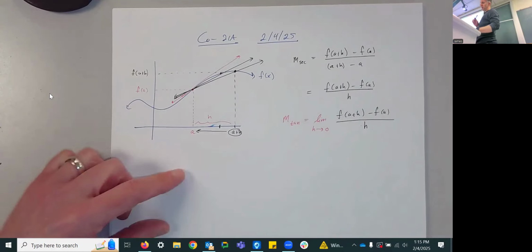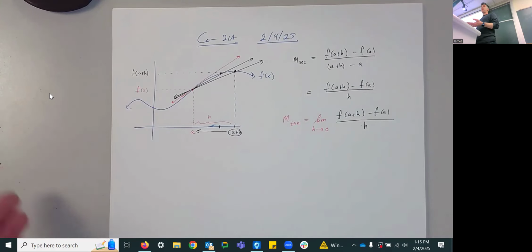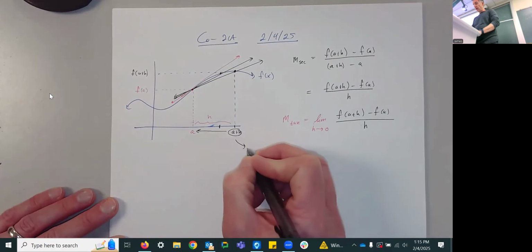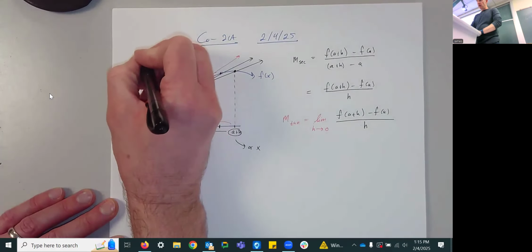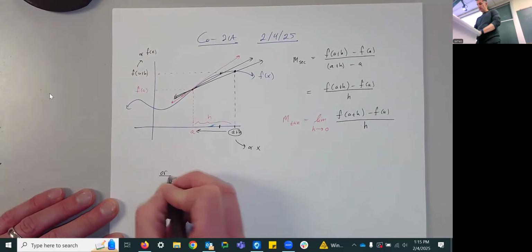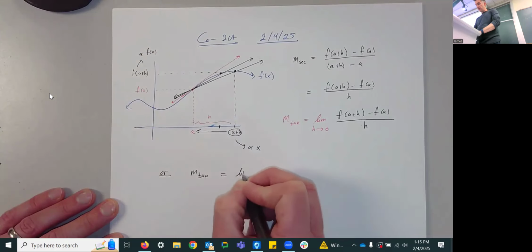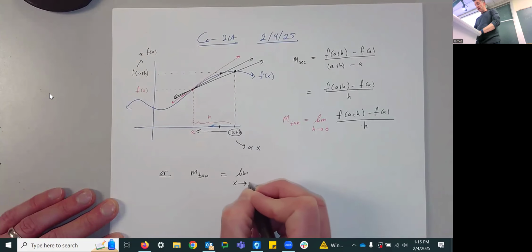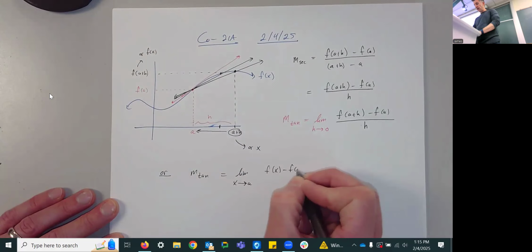Let me make sure there's nothing else I want to say here. So just as a point of interest, occasionally people write this a different way. Sometimes people call this point here x, and they call this up here f of x, and they write it as the slope of the tangent line is equal to the limit as x approaches a of the difference quotient, f of x minus f of a all over x minus a.